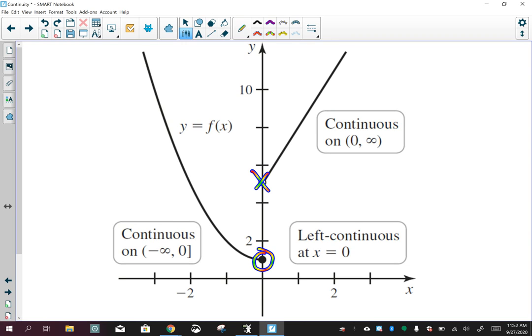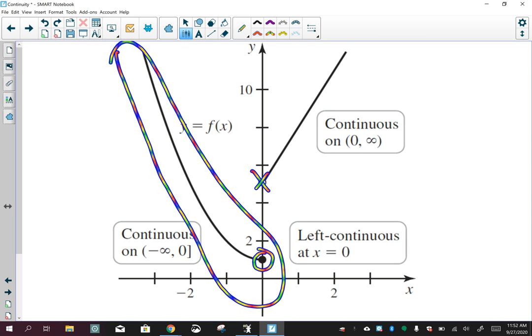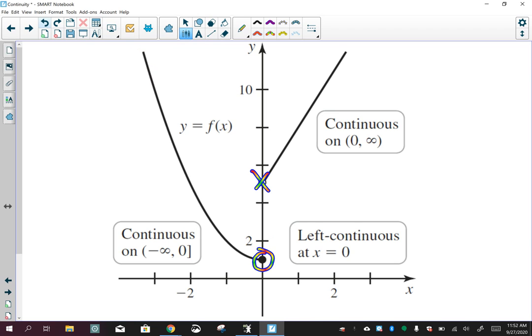So if I focus on this piece here first, I'm going to wind up looking at a left continuity because I'm starting at my B value and I'm moving in this direction. And so I'm going to be continuous from negative infinity to 0. And I'm going to include that 0. So this here is my left continuity piece.